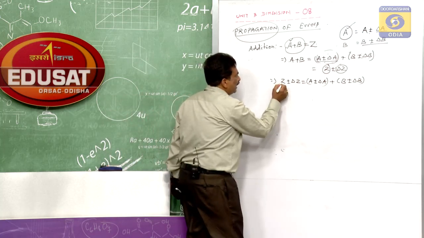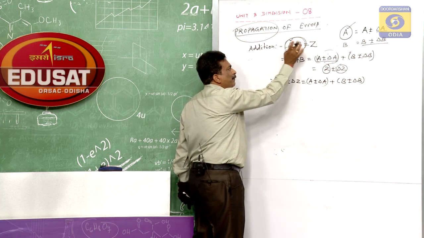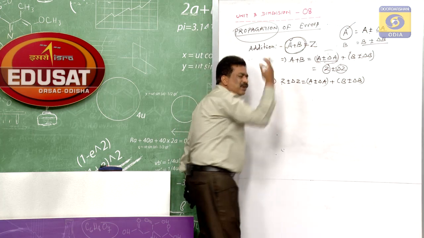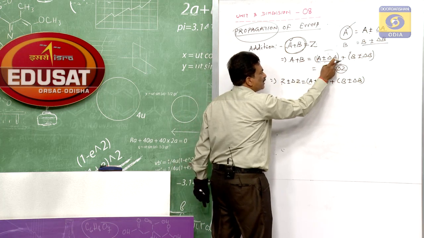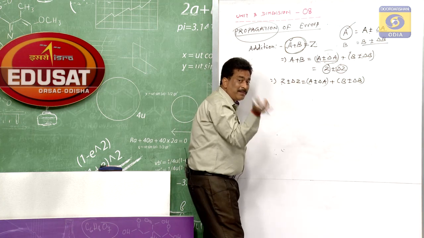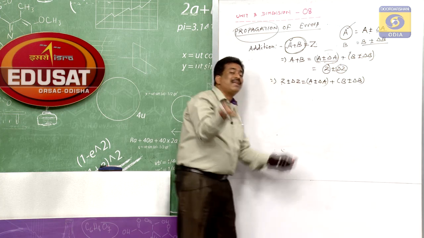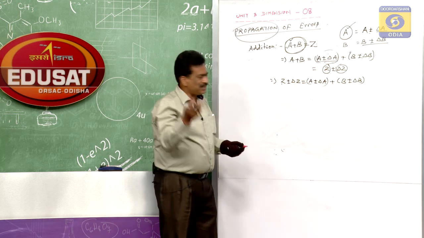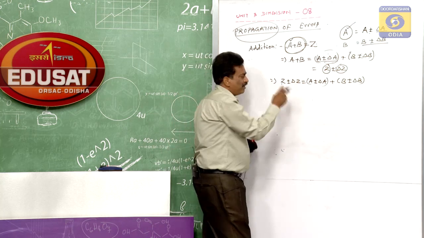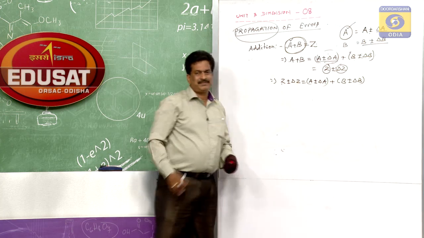This Z is actually our A plus B. But A is not A, B is not B, so Z is also not Z. When those two are added, that will not give you Z, but Z with some error. So Z plus or minus del Z is equal to this much.